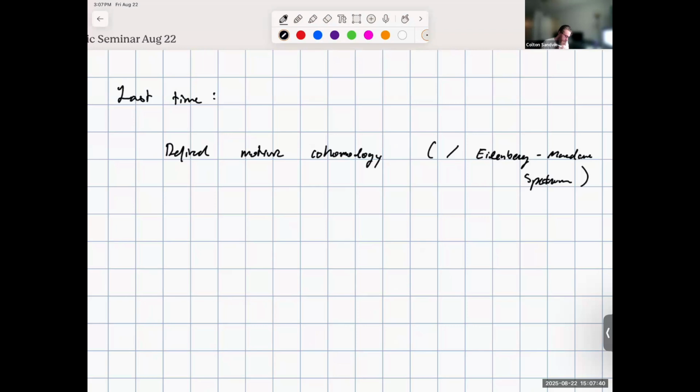One idea behind this is that motivic cohomology represents, or in some sense generalizes, higher Chow groups.